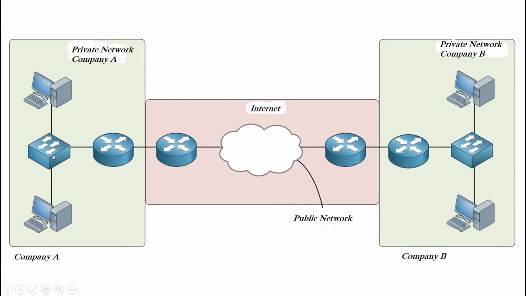This symbol is for the switch, and then it connects with the router. So these four devices are controlled by company A.